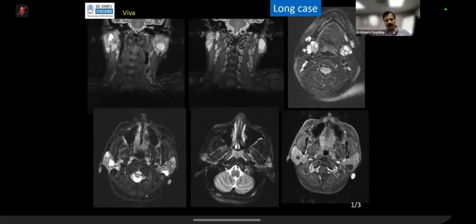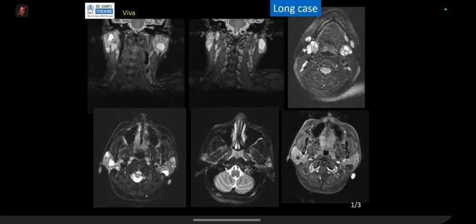Okay, now this case is a long case, and first of all, if you see here, what is happening in the parotid glands? What is happening in the submandibular glands? Over to you. What is happening in the nasopharynx? Let me start with it.